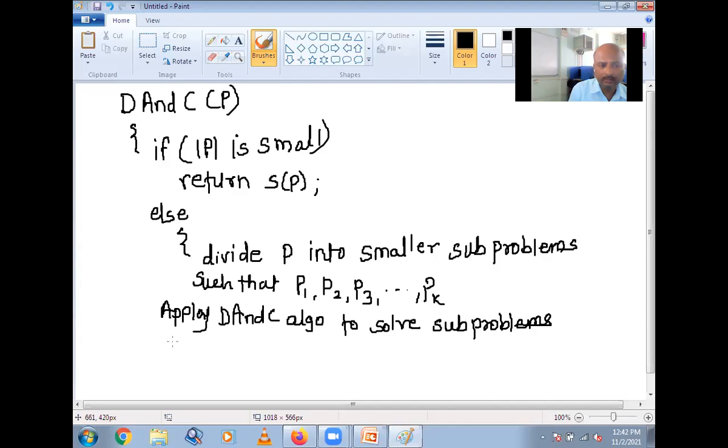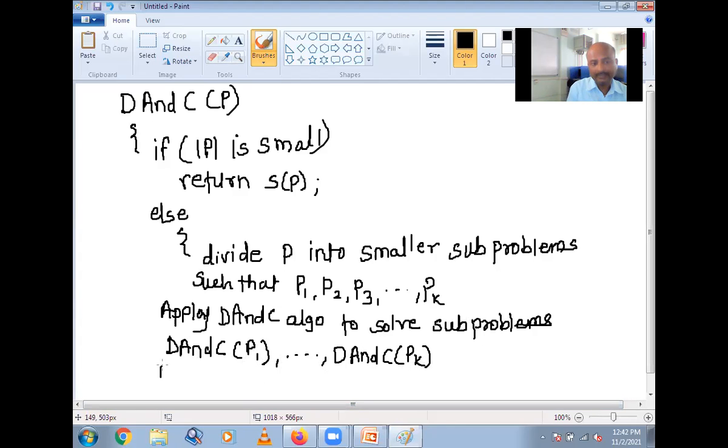That is, divide and conquer for P1, divide and conquer for P2, then divide and conquer for P3 up to divide and conquer for Pk.